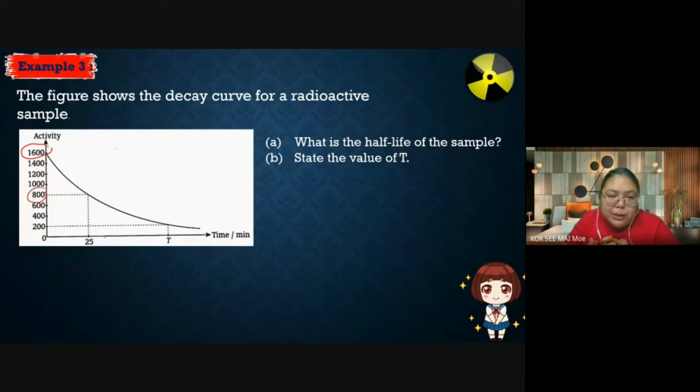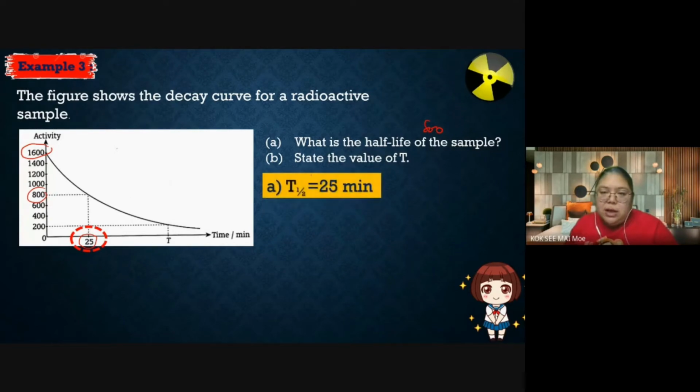So when it becomes 800, how long? 25 minutes. It takes 25 minutes. So from the graph, the half-life of the sample is 25 minutes, and we can find all the things from the graph.